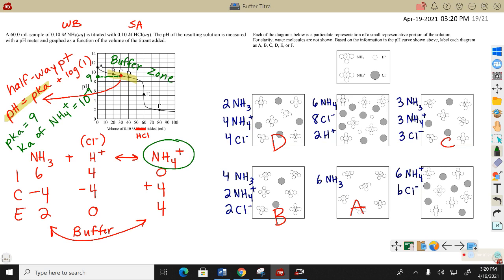Fantastic. All right, so now let's see if we found the equivalence point. Okay, so if I get rid of this in my ice table, did we find the equivalence point? The equivalence point is point E. How about this guy? Where it looks like there are 6 chlorine, which would have also meant 6 hydrogen. And so, yep, when I have equal moles, or here equal particles, these guys are going to react completely. And they both go down to 0.